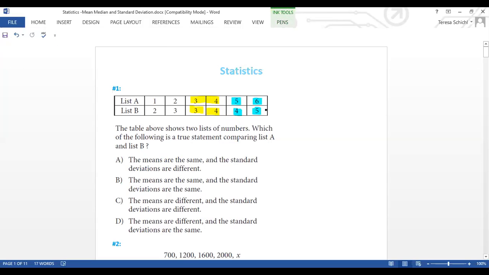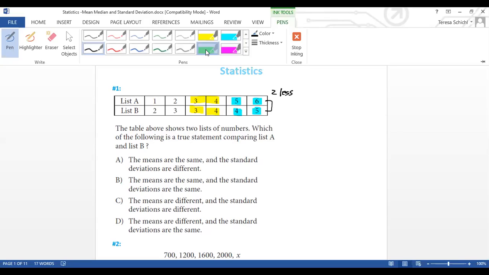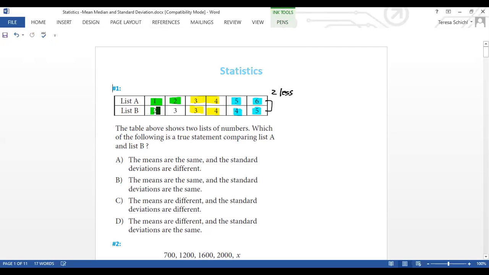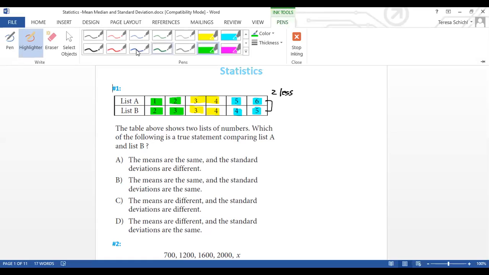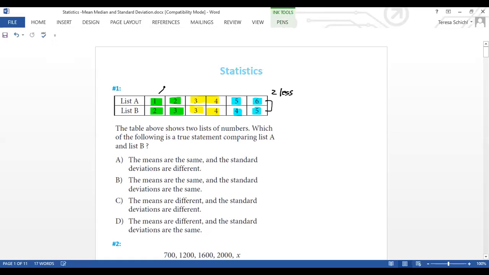So both of these two are 2 less than the A list. But if you take a look here, this is 1, 2, then this is 2, 3. So what happens here? The list B has 2 more. Okay, so that's why they cancel. So that's why the sum of list A will be equal to the sum of list B, right?